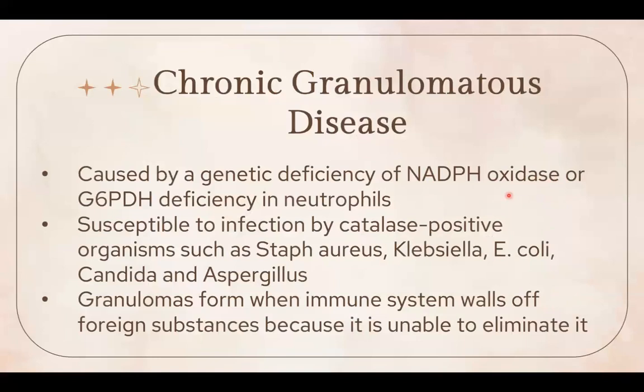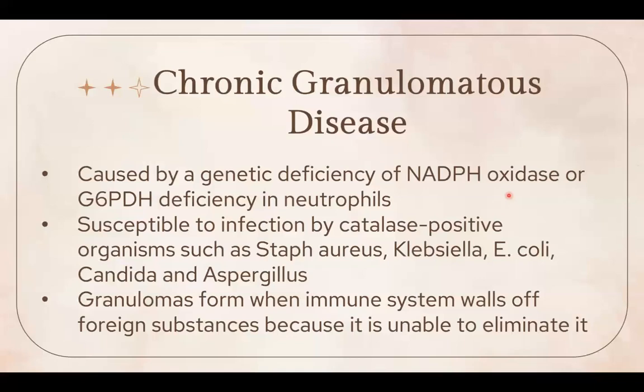It's not produced, and the patient is now susceptible to different types of bacteria, particularly those bacteria that are engulfed and kept inside the phagolysosome, such as catalase positive organisms. If you don't know what that is, that's fine, but just for the sake of completion, I'm going to quickly talk about these bacteria. So we have Staph aureus. It's a very, very common and very nasty bug. It causes infections, abscess formation.